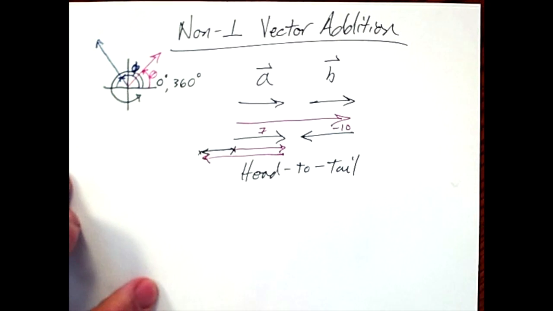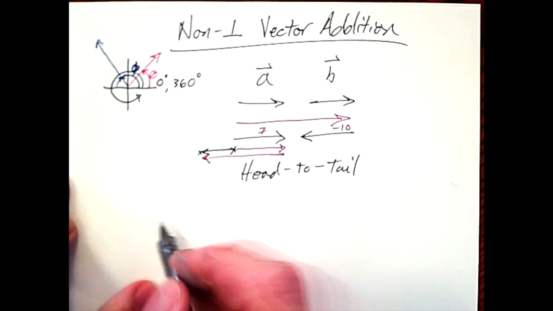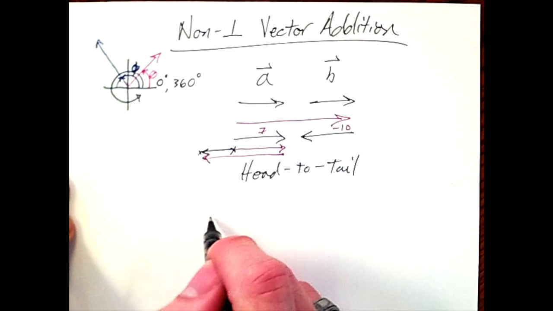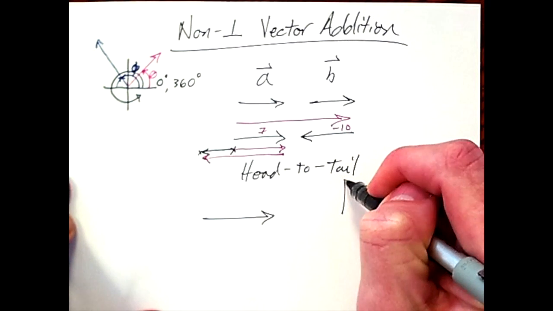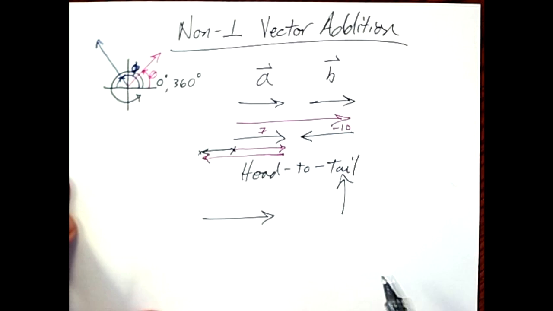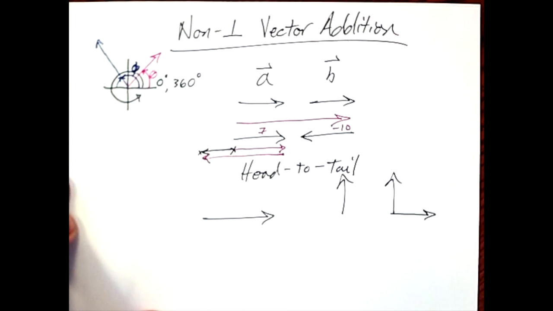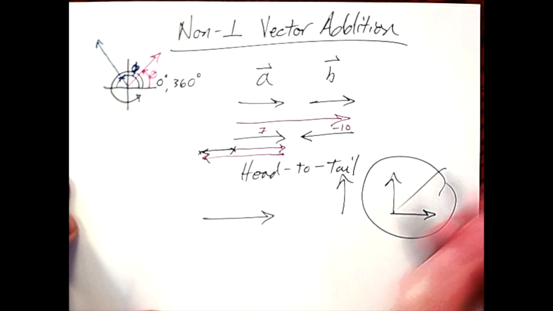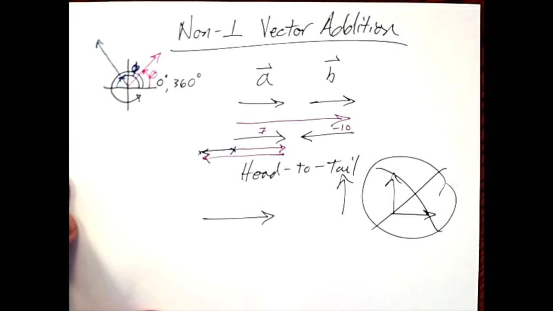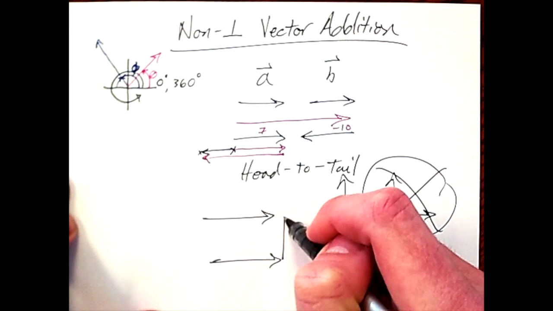Head-to-tail addition. If A and B are perpendicular, then we've already seen that we would draw A like this, and let's say B is like this. Then the combination of those two things is not this and this, right? That is not the answer. If I draw it head to tail, I draw this one first, and then without moving my pen, I draw this one second.